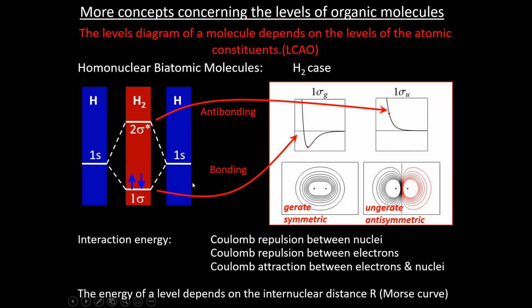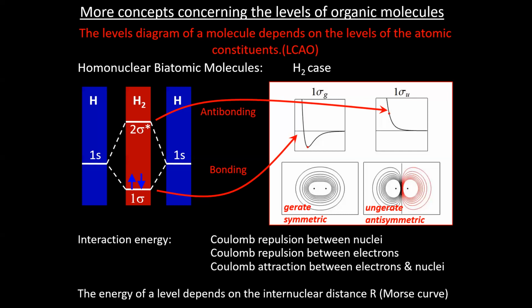So, the interaction between the two atoms is due to Coulomb repulsion between nuclei, Coulomb repulsion between electrons, and Coulomb attraction between electrons and nuclei. Given that here you have two electrons in the bonding state, the H2 molecule is stable. It survives and it stays in that state.